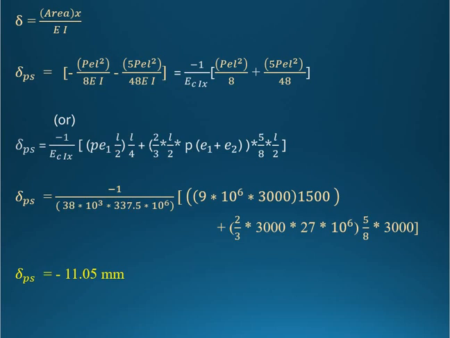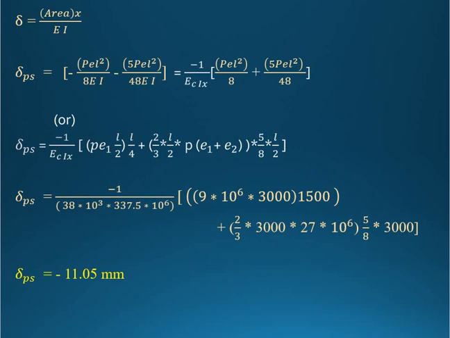Now substitute for all the terms. P into E1 we have solved, it is 9 into 10 power 6 into L by 2, which is 3000, into L by 4, which is 1500, plus 2 by 3 into 3000 into P into E1 plus E2, which is also solved.